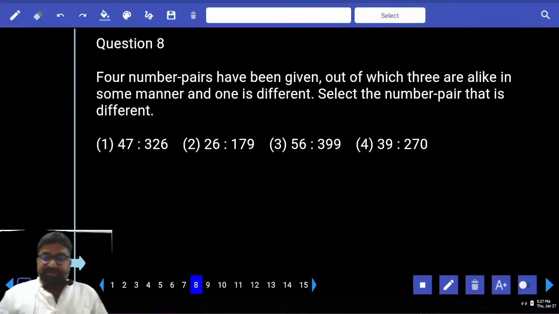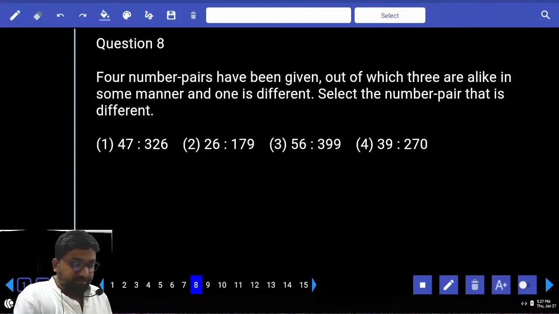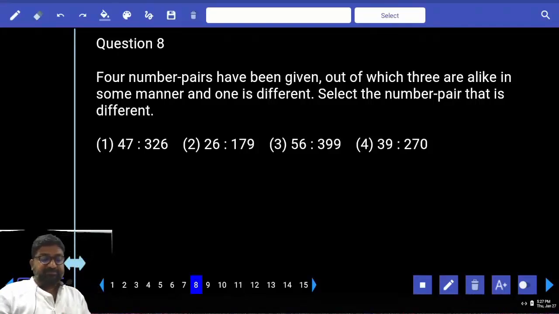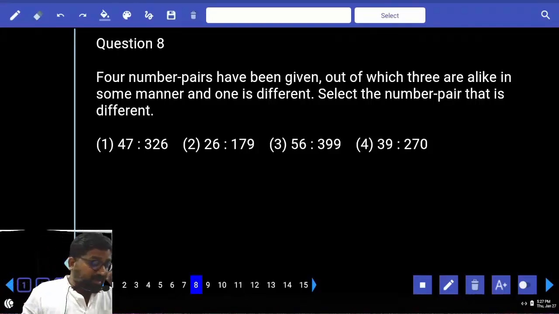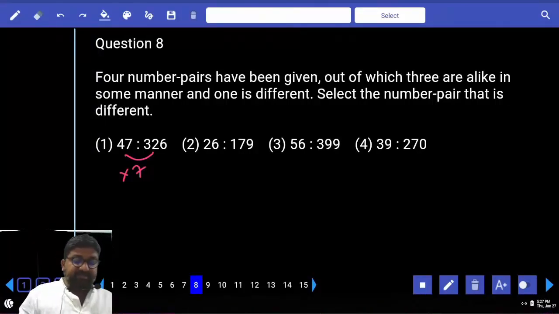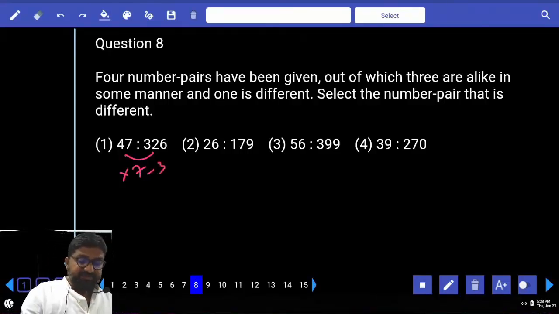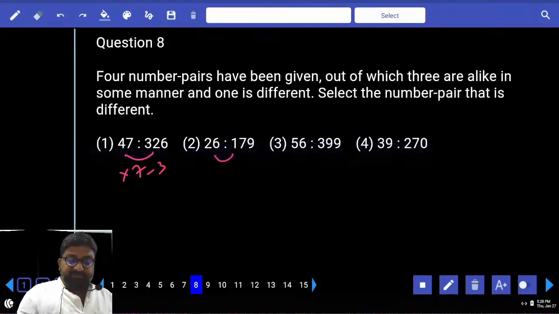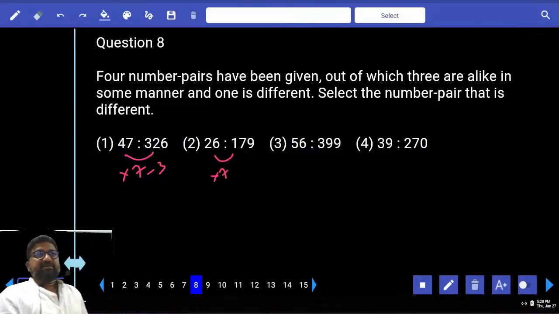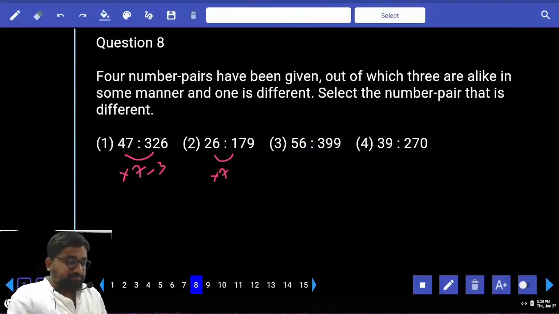Four number pairs have been given. Find the odd man out. What's going on here? If you observe carefully here, almost 7 times of this. 47 into 7. What is 47 into 7? 40 into 7, 280. 7 7s, 49. 280 plus 49, 329. Into 7. Same here. 26 into 7: 140, 42, 182.